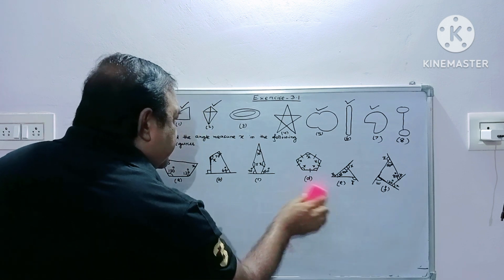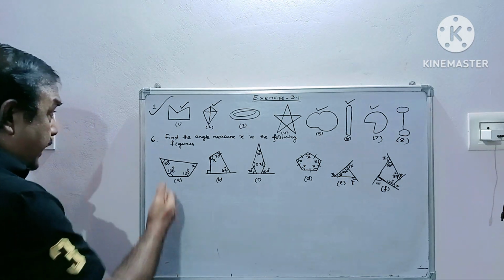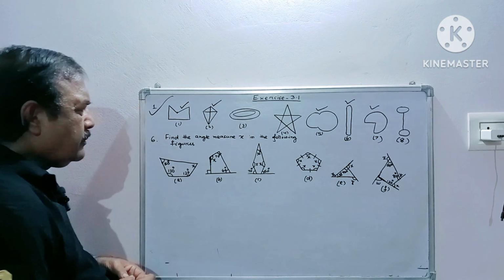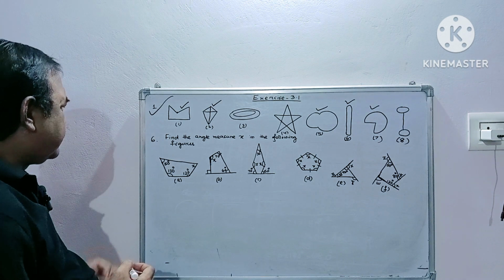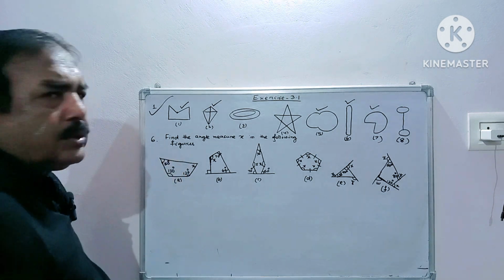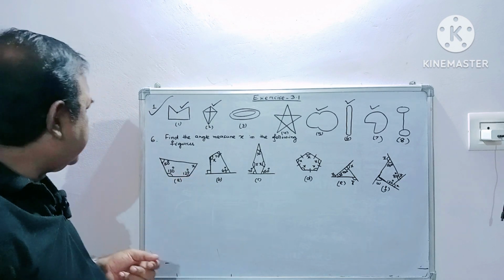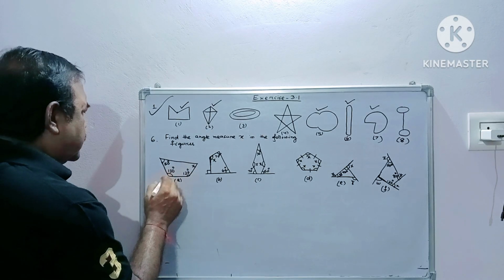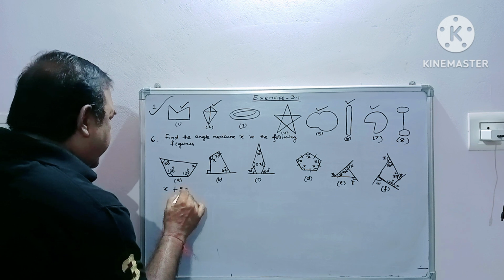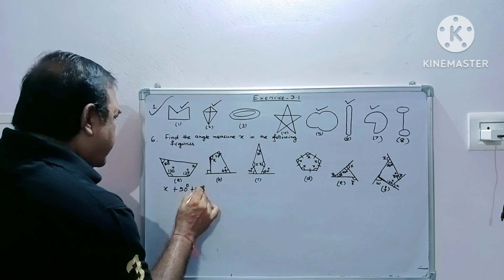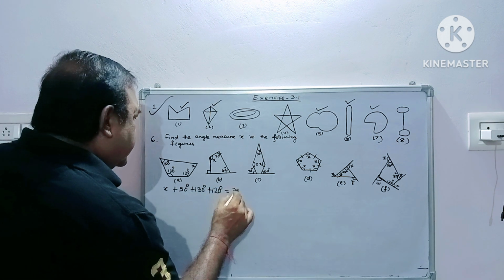So you see here, we have to find the value of x. In all the cases, we find quadrilaterals. And you see here, these are the interior angles. We know the sum of the measures of the interior angles of a quadrilateral is 360 degrees. So you take the sum: x plus 50 degrees plus 130 degrees plus 120 degrees is equal to 360 degrees.